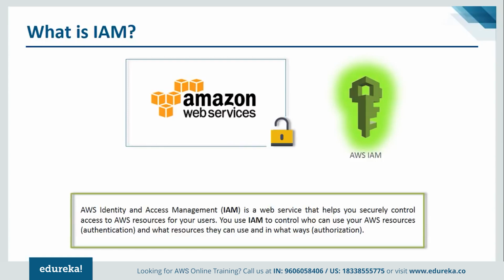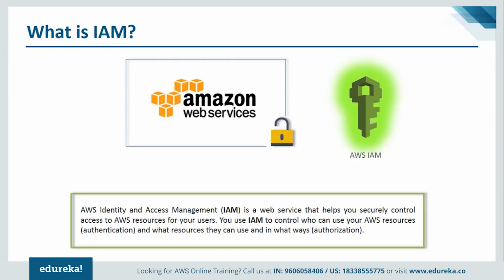You decide that, so you can define a policy like that, that the developers will only be able to access the EC2 instances on your AWS account. Similarly, if a database administrator comes in, he should only be able to access the DB instances on your AWS account, and so on. So all of that is possible using IAM.